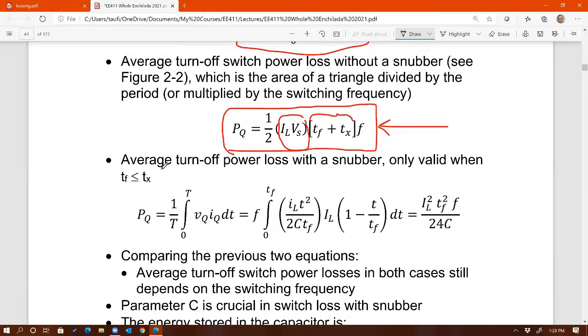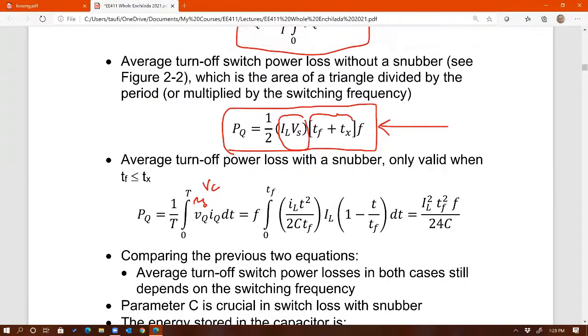Remember, you have linear equations. We already derived the equations for VQ and IQ. VQ is the same as VC, don't forget that. So we have the equations for VC of t and IQ of t.